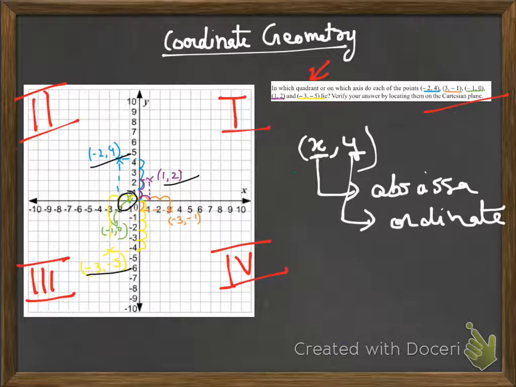And, oh, I'm sorry, this is not (-3, -1). This is (3, -1). So let's correct that. It's (3, -1), and that's in the fourth quadrant.